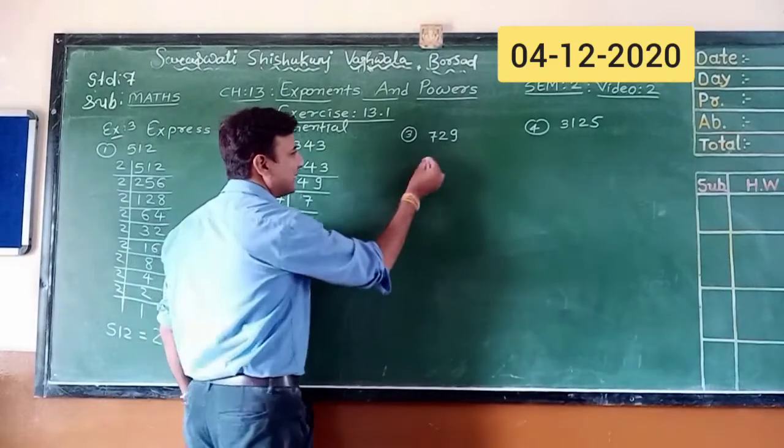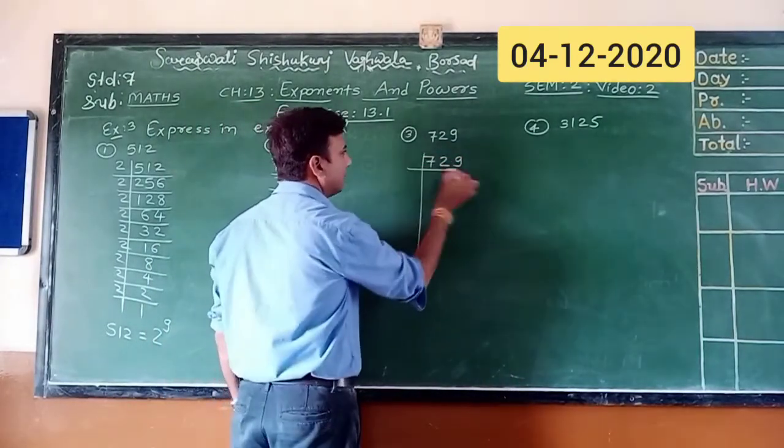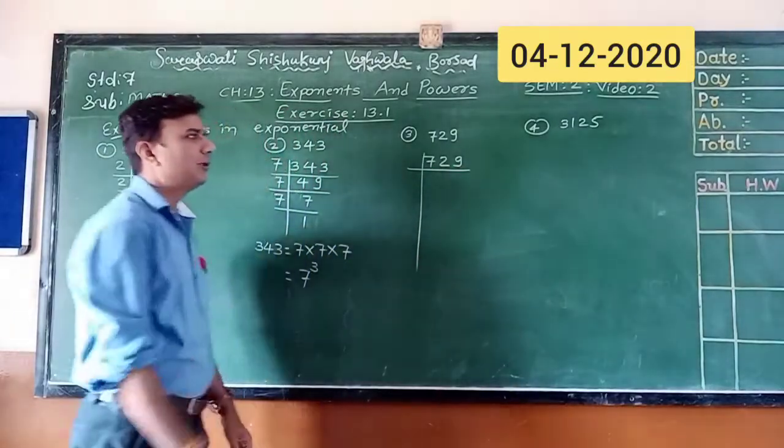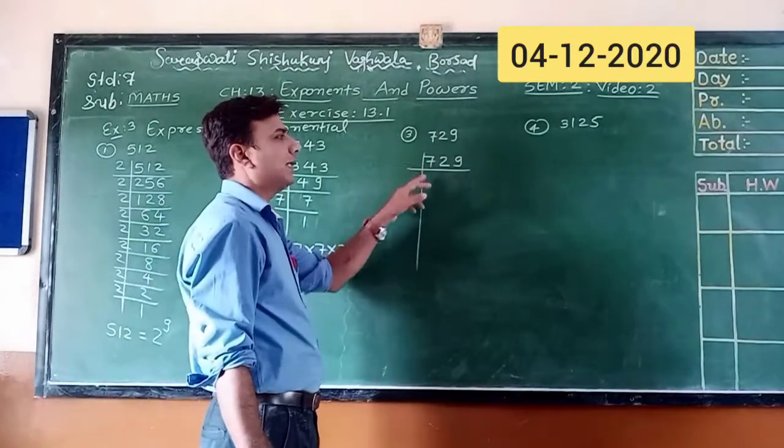Now 729. Yes, this unit place digit is odd, so we can divide this number by 3.